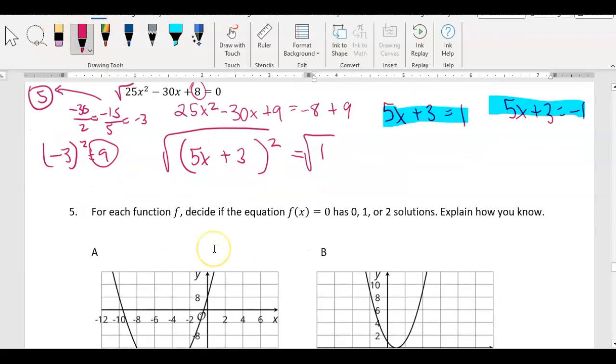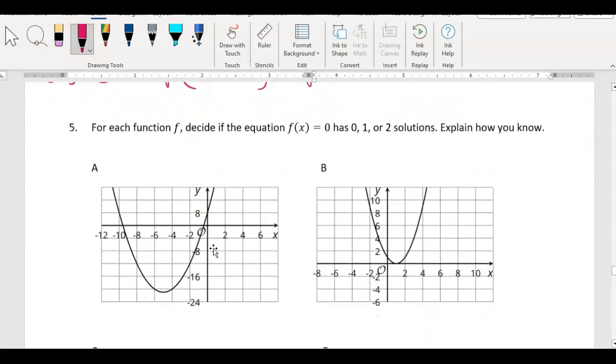All right, number 5, it says for function f, decide if the equation has 0, 1, or 2 solutions and explain how you know. So A is crossing the x-axis twice, so this has 2 solutions. B is touching the x-axis 1 time, so this has 1 solution.